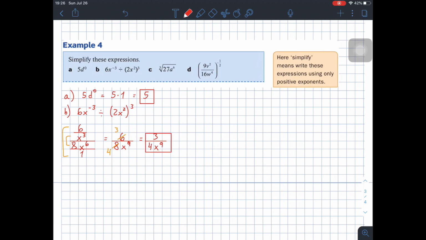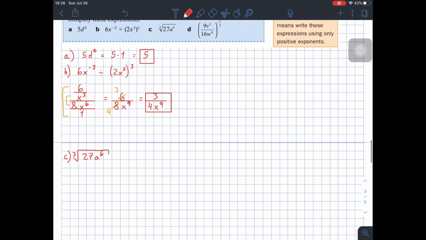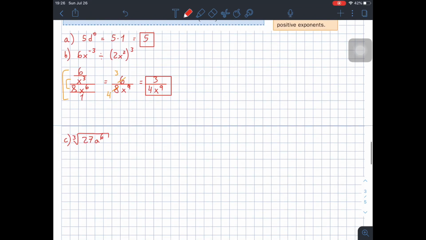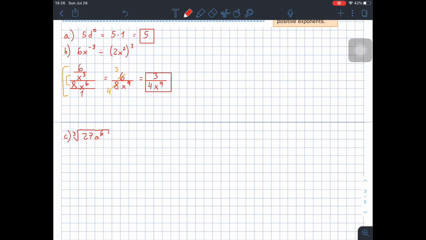Okay? Now let's see exercise C, which is 27a to the 6th power, and this is inside a cubic root. Okay, so to solve this, we know that 27 can be rewritten as 3 cubed, right?